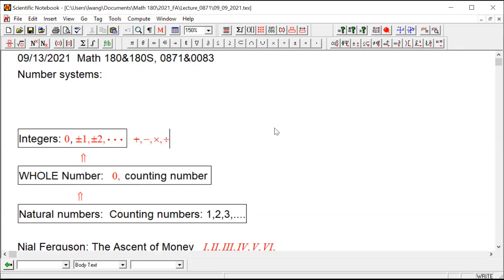If you add 2 integers, you still get another integer. You subtract 2 integers, you get another integer. You multiply 2 integers, you get another integer. But when you divide 2 integers, what happens? Sometimes you get an integer, sometimes you don't. What happens if you do 2 divided by 3? All of a sudden we freak out.